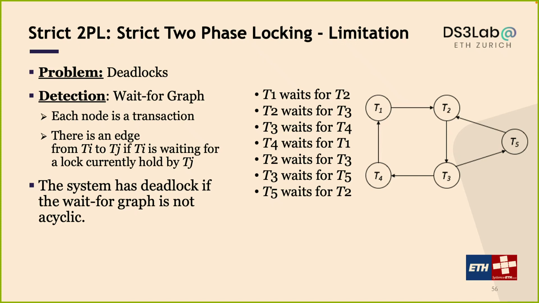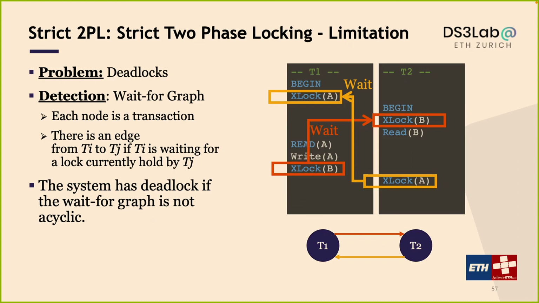Because all the transactions in the loop cannot make progress. They are waiting for each other, okay? So detection is relatively easy. In the system, whenever you register a lock, you could do this exercise automatically on the system side. Similarly, if you look at this example, you will have a wait-for graph that looks like this. T1 waits for T2, T2 waits for T1. There's a loop, so there's a deadlock. That's how this deadlock shows up in the graph.